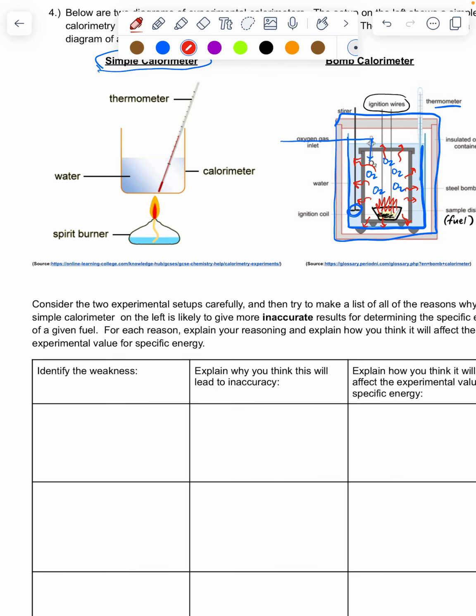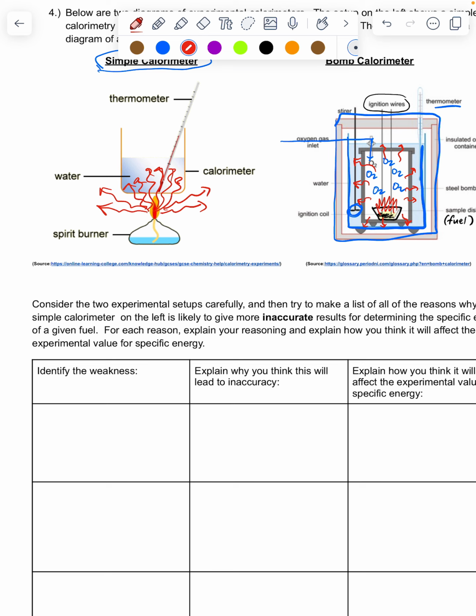To compare over here, a lot of the heat will leave the fire and will travel upwards, but other heat will be going off to the sides. Because of how this is set up, where the container of water is just right above the fire and not completely surrounding it, you're going to have a lot of heat loss to the surroundings that is not the water.